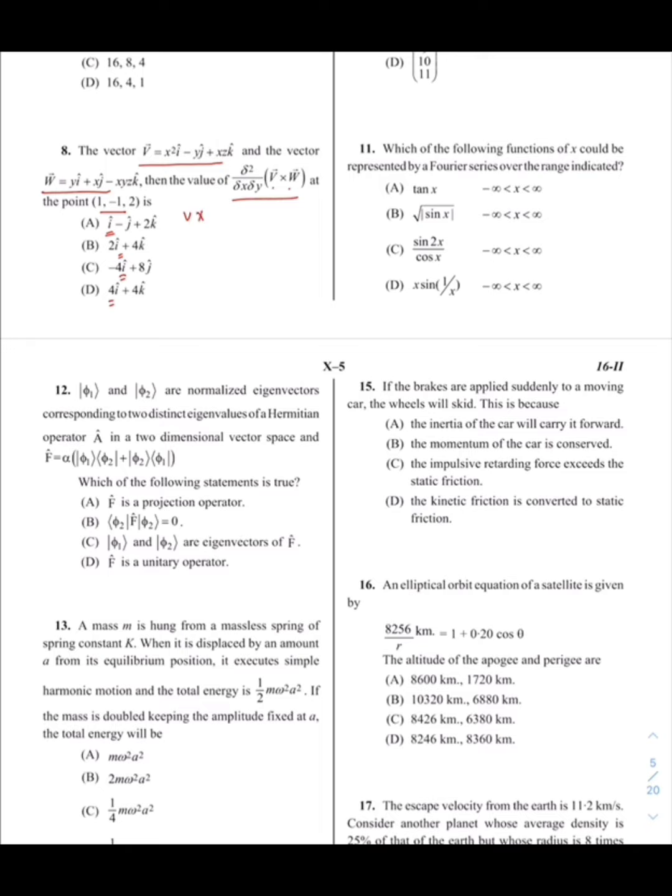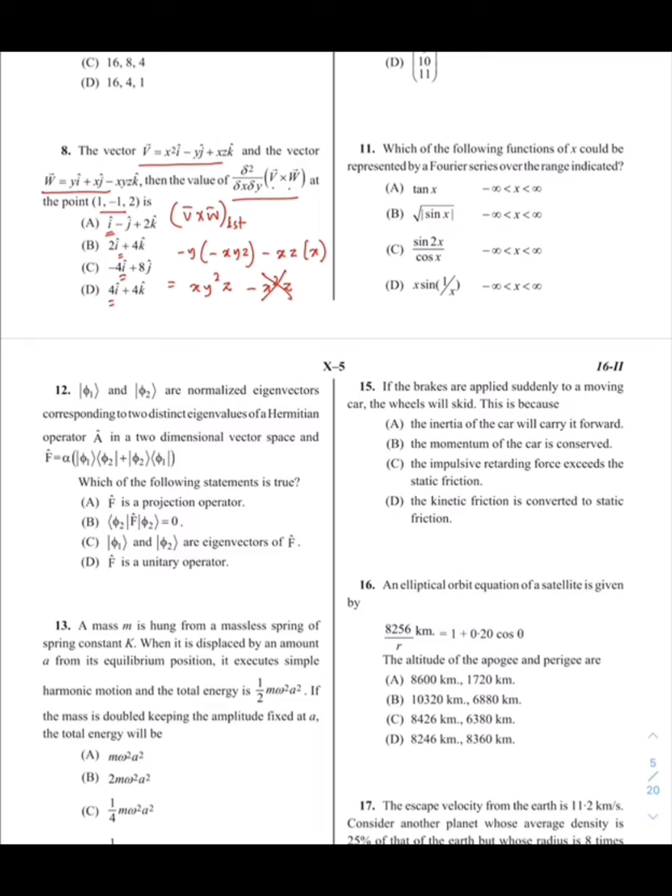Let's find v cross w and its i-th component, that means the first component. The first component of this cross product is minus y times minus xyz minus xz times x, which simplifies to xy squared z minus x squared z. Now we take the derivative with respect to y.